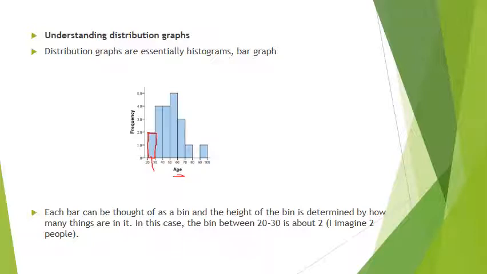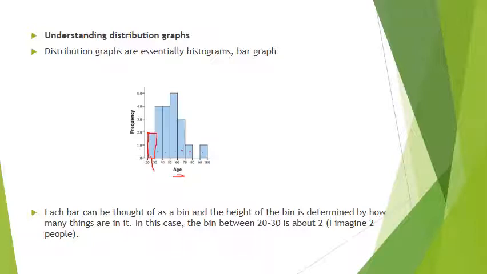So this between 20 and 30 is a bin that holds two people, let's say. Between 30 and 40, it looks like there's four people, and so forth. So a distribution graph, a bar graph, is essentially just a grouping.